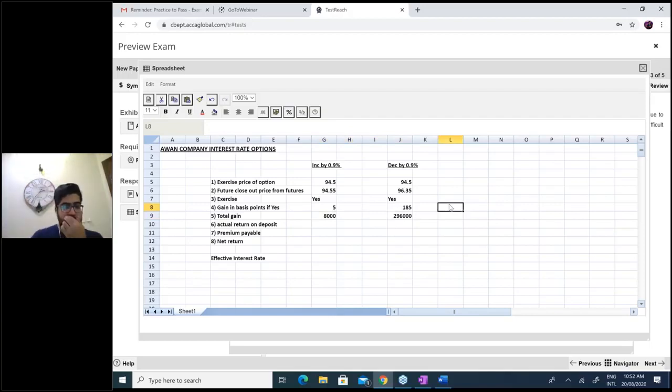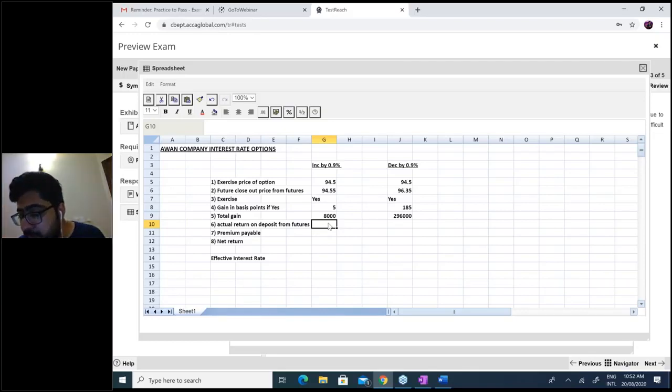Then the actual return on deposit or actual cost of borrowing. This comes from futures. You can also calculate it. I've told you the amount. This was in FRA as well, in futures as well, and in options as well. The actual return is computed by taking amount into interest rate into time period over 12. We have computed it multiple times in both previous approaches.